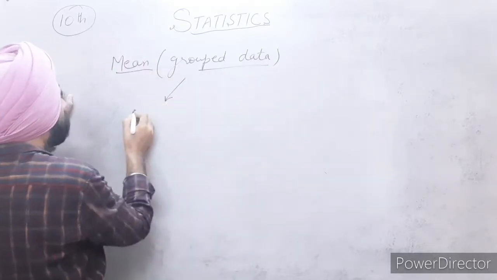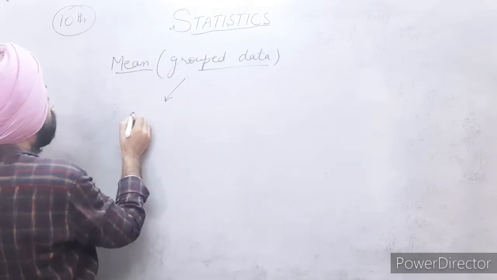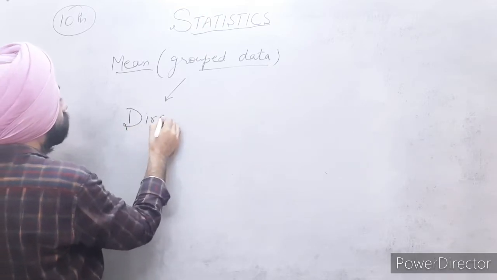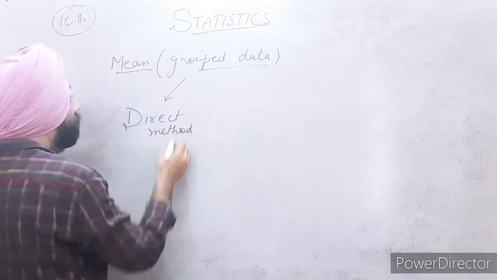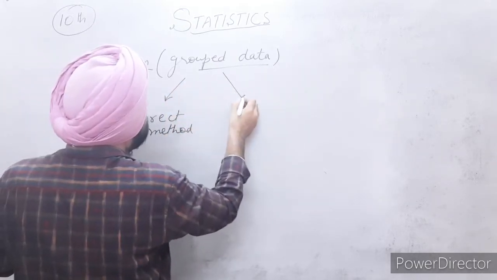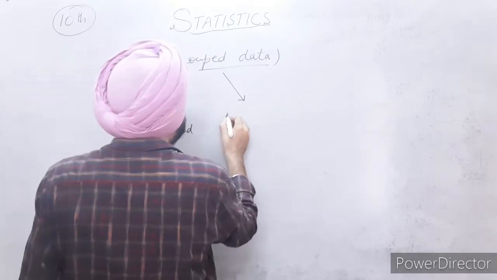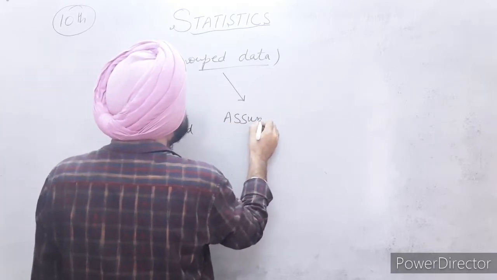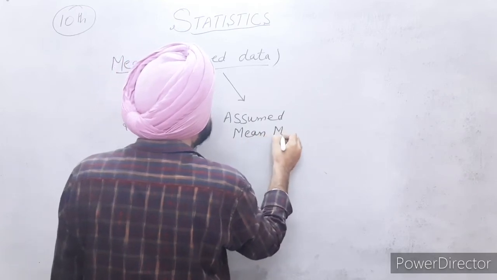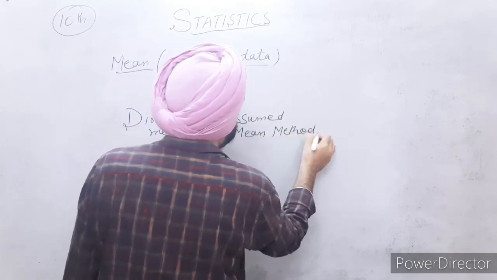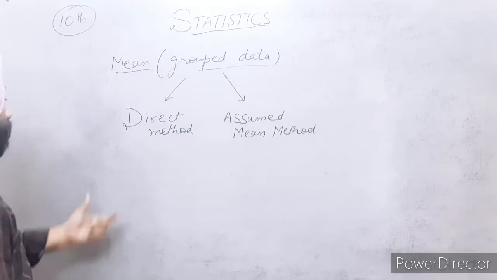The first method is the direct method, and the second method is the assumed mean method.